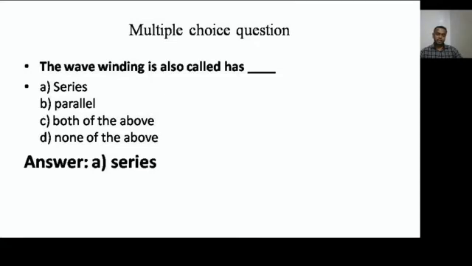Together they form a wave winding. It also resembles a wave shape, hence it's called wave winding. The coils are connected in series, hence the name series winding for wave winding.